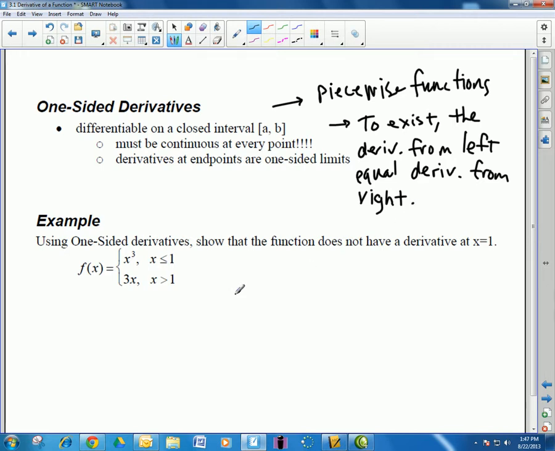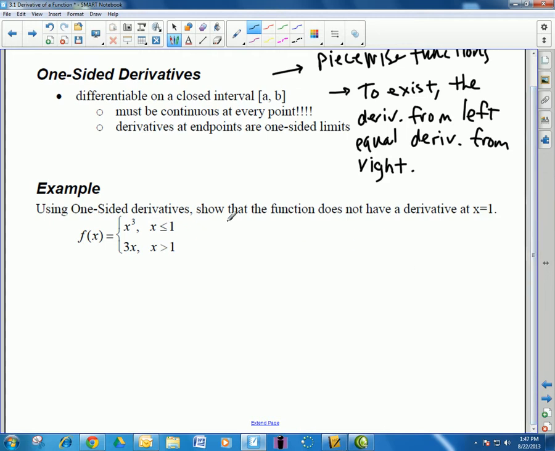In order for them to exist. So that's a key statement. Make sure you jot that down so that when you're working on your homework or whatnot, you always have that to go back to. Now, down here, we have to use one-sided limits to prove that this is true.